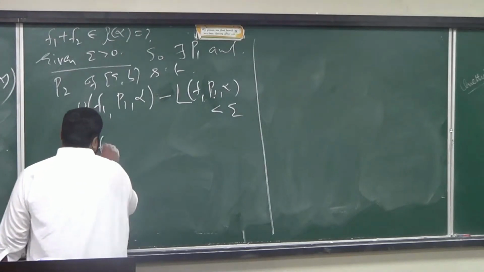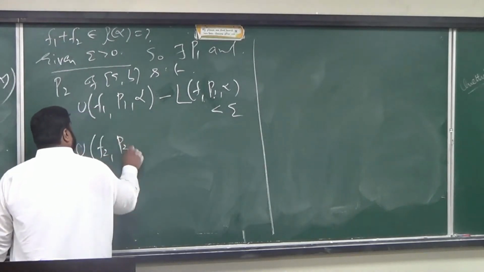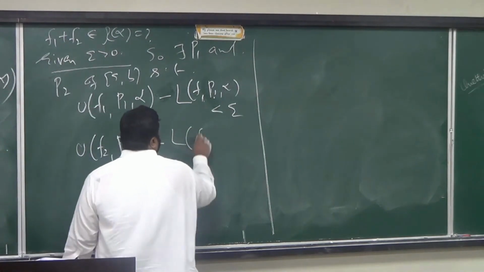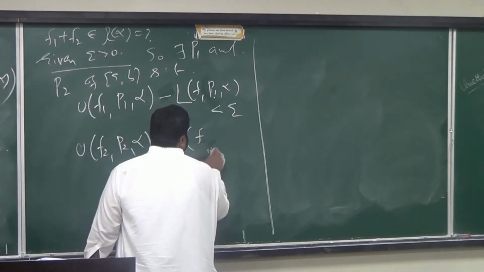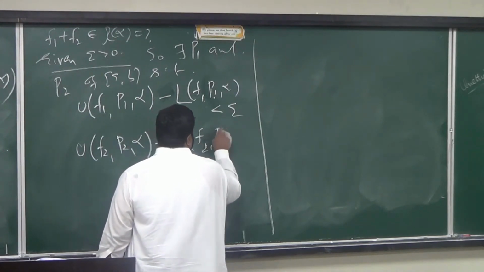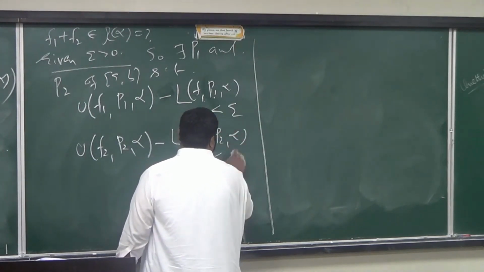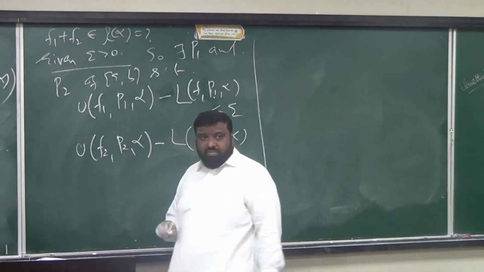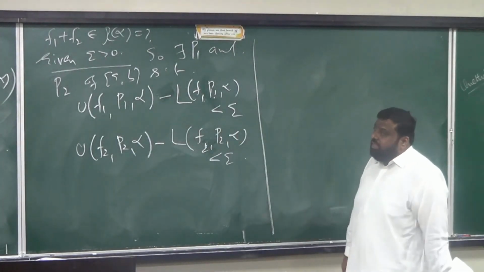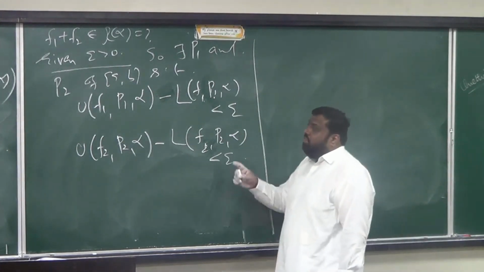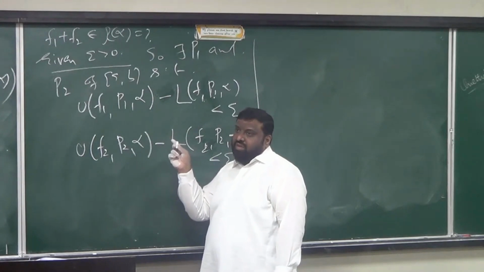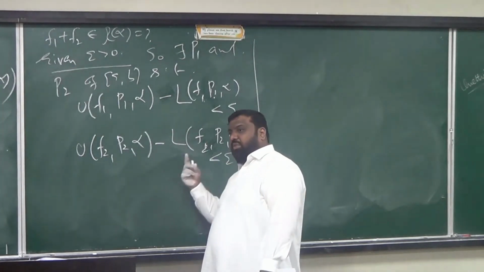and U(f2, P2, alpha) minus L(f2, P2, alpha) is less than epsilon. So what I'm interested in is the difference U(f1 plus f2) minus L(f1 plus f2).